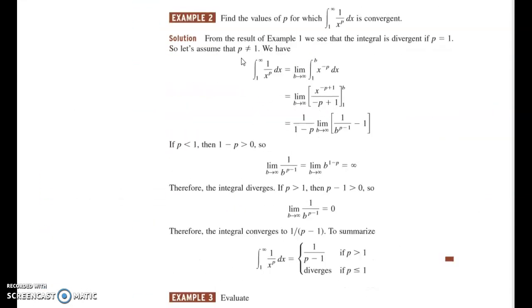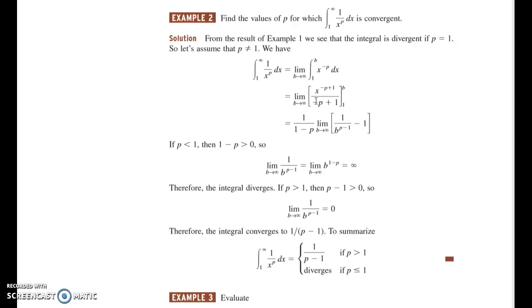Listen to this example: find the values of p for which integral 1 to infinity 1 by x raised to p dx is convergent. Convergent means the limit exists. So this integral from 1 to infinity can be written as limit b tends to infinity integral from 1 to b. We have to convert this improper integral into a definite integral using the limit concept.